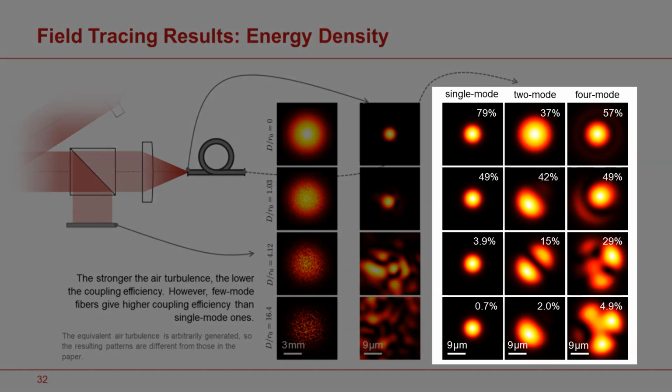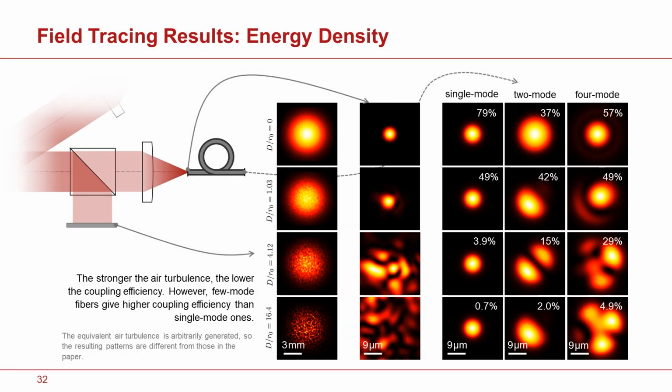Third, fourth and fifth columns correspond to the results after propagation also through the fibre, for the different fibres that were investigated, single mode, 2 mode and 4 mode, and superimposed on those results we can read the values of a coupling efficiency which have been calculated with that new detector.